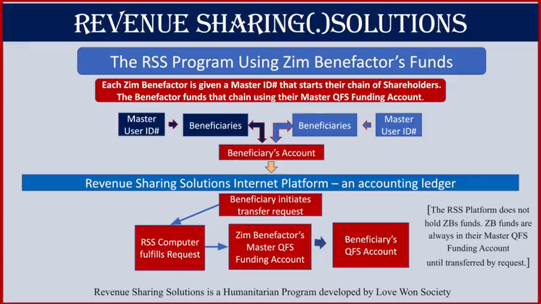So the money never goes into Loved One Society's account. It goes straight from the Zim benefactor's master QFS funding account into the beneficiary's QFS account, right? Correct. We have nothing to do with it. It's all free. There are no fees or anything like this. This is what we have anticipated using ourselves.